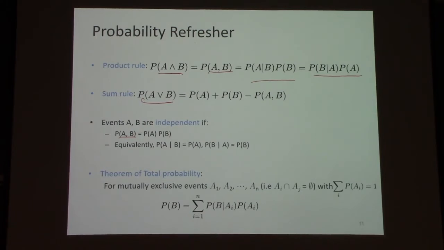And this is the theorem of total probability, again something that you hopefully have seen before. If you have many events A1 through An that are all mutually exclusive, what does mutually exclusive mean? Mutually exclusive means the events A1 and A2 cannot both happen.